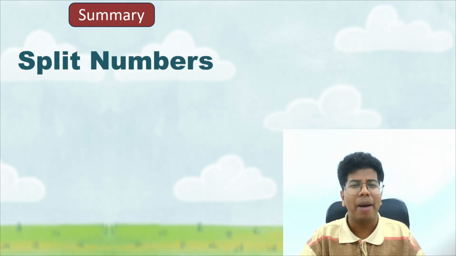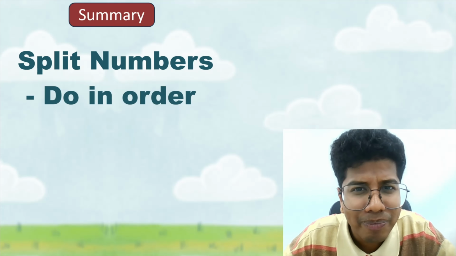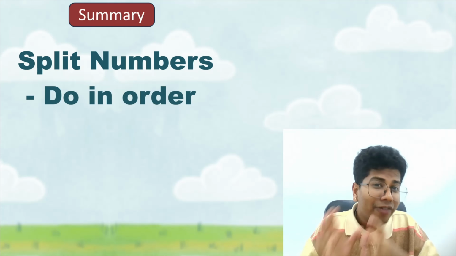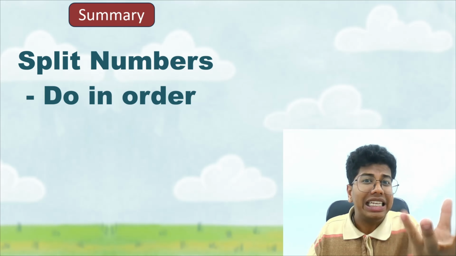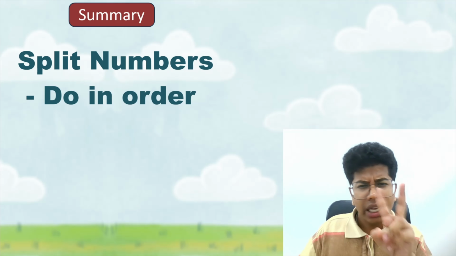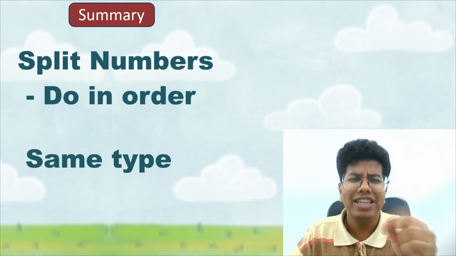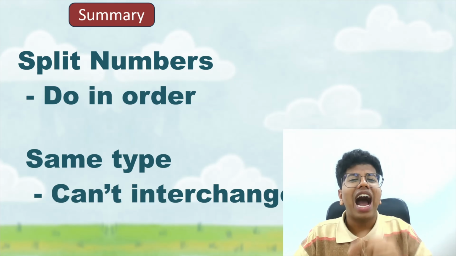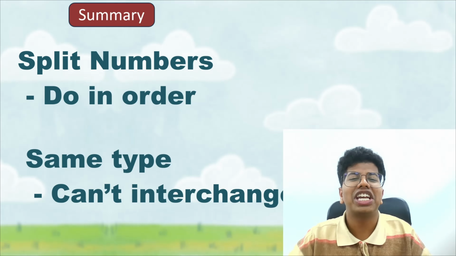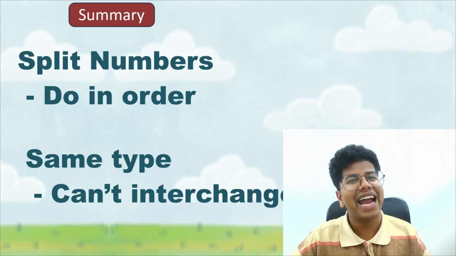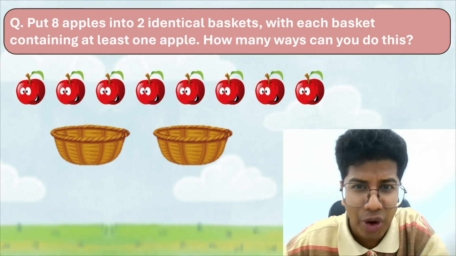Of course, in an order. So whenever I have to split numbers, do it in order. Then the second part, whenever the distribution is in the same type, can we interchange numbers? Of course not. Whenever it is the same type, we can't interchange the numbers. Now understanding this, let's get back to our question.